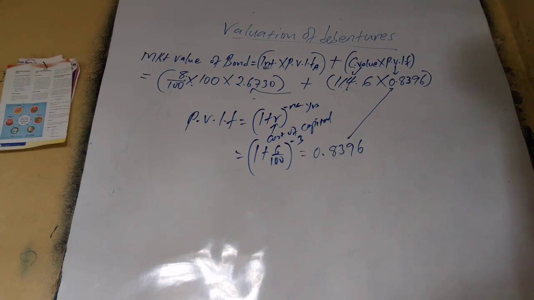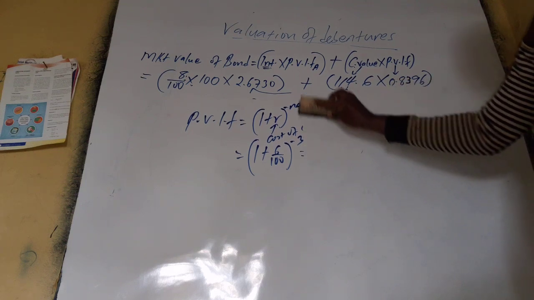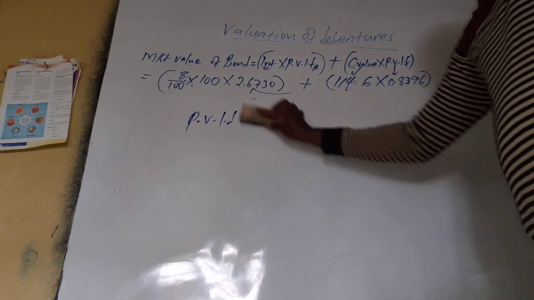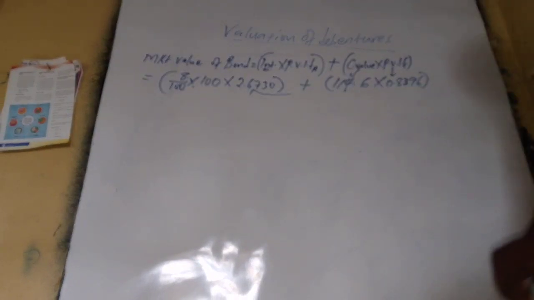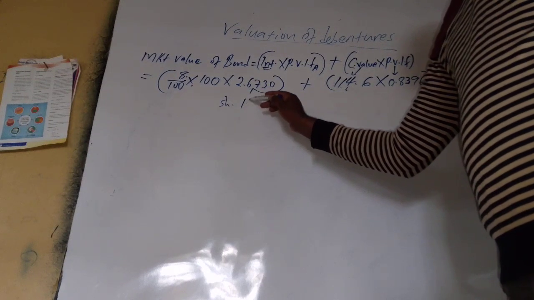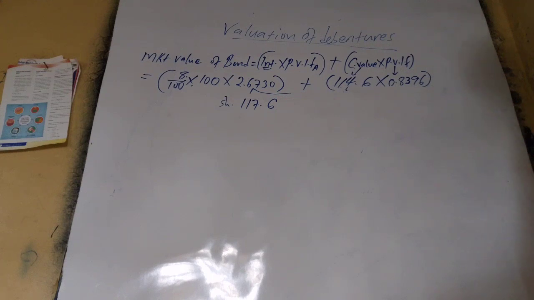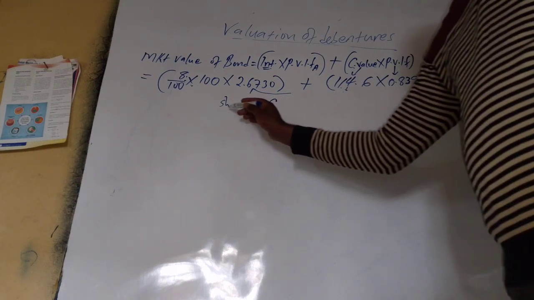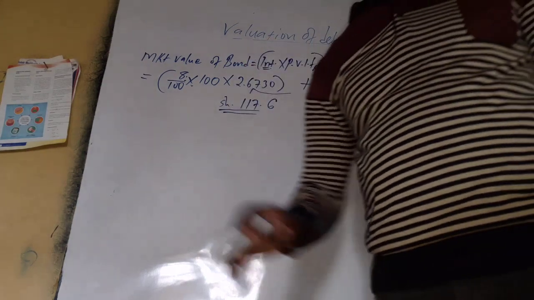Give me the value there. Shillings 117.6. Very true. That is the market value of the bond.